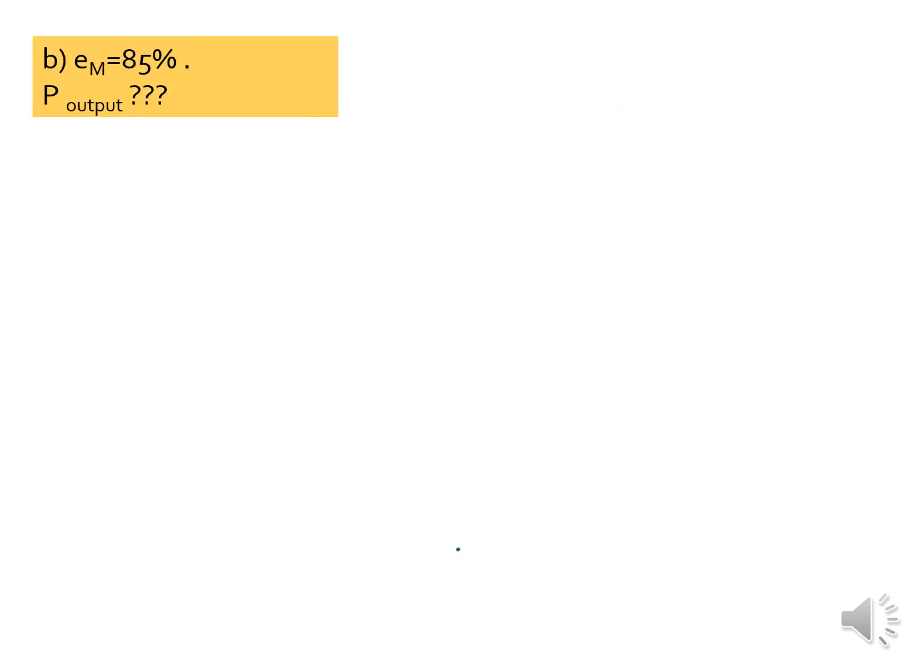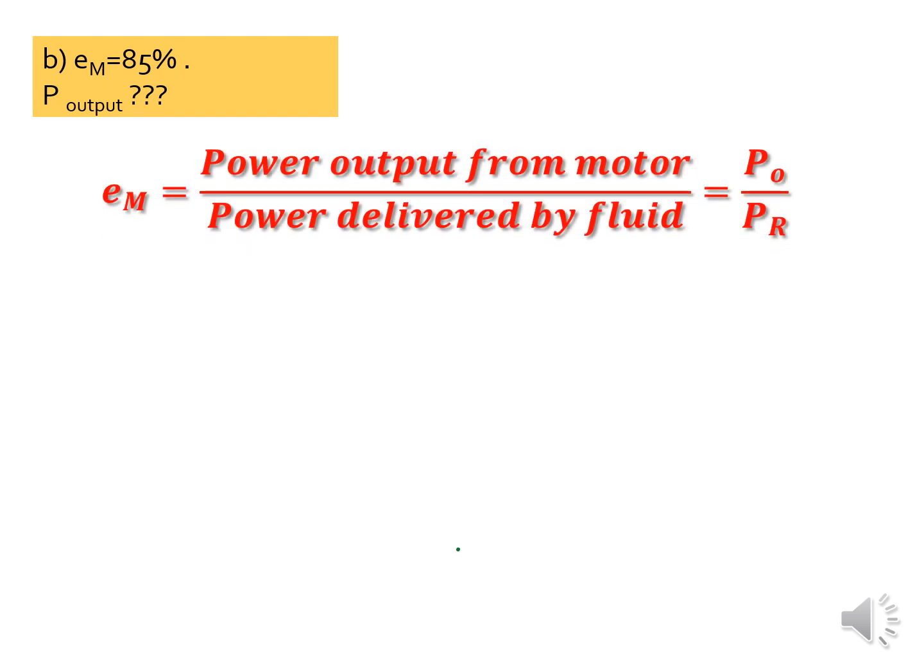For question B, it is very simple. The question asks us to determine the power output by the motor, and it is given that the mechanical efficiency of that motor is 85%. The mechanical efficiency can be determined by using this formula. Our aim is to know this value, and the EM is given, and the power delivered by the fluid can be obtained from question A, because just now we calculated the PR, the power removal.